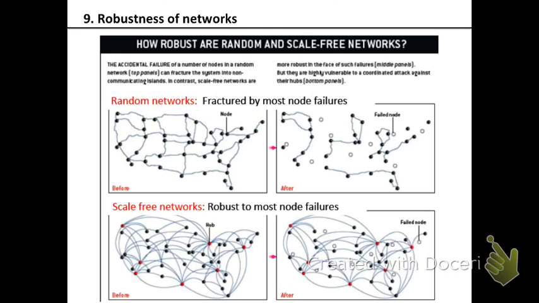So what does this mean in terms of biology, right? How do the properties of the different types of networks actually affect their robustness? What I mean by robustness is how easy it's going to be for that network to collapse if there was an attack. Okay? So the random networks are these networks that, like the highway networks, are going to be fractured by any attack to any of the nodes.